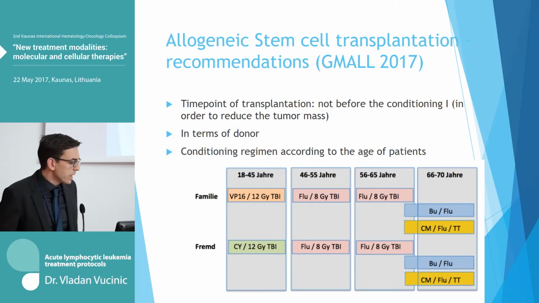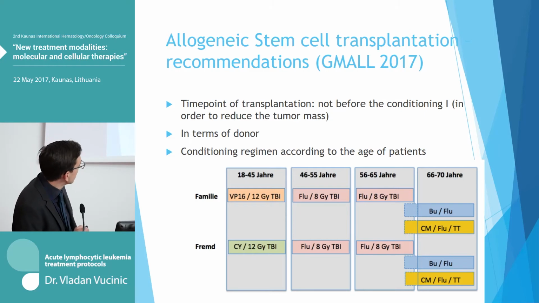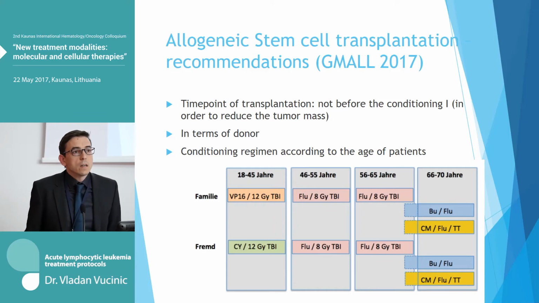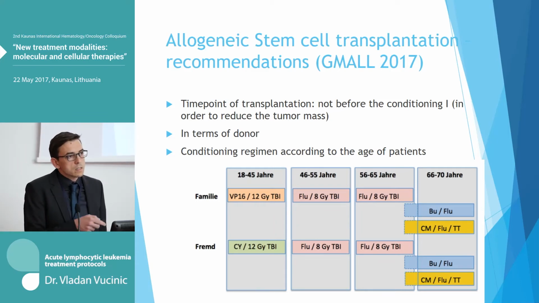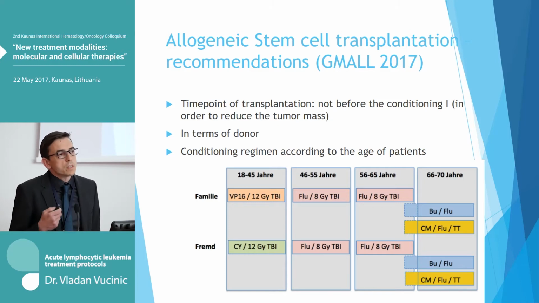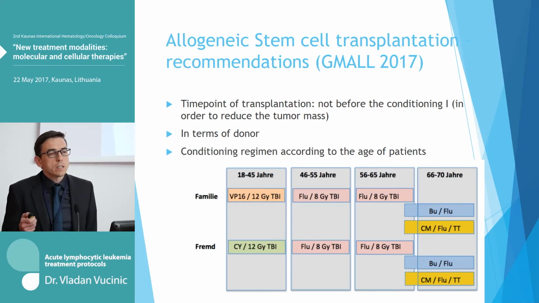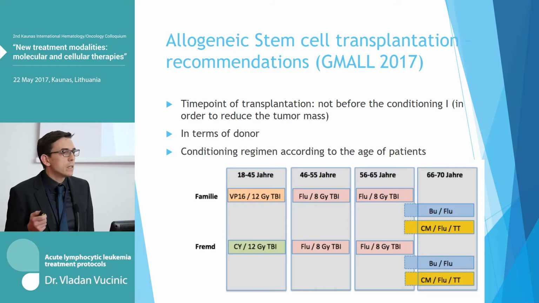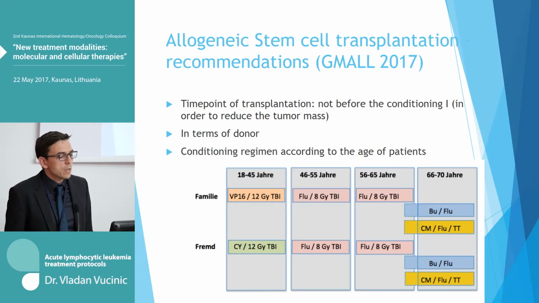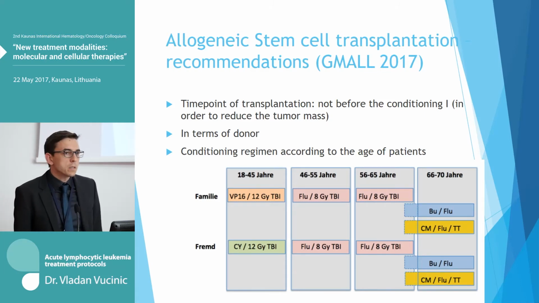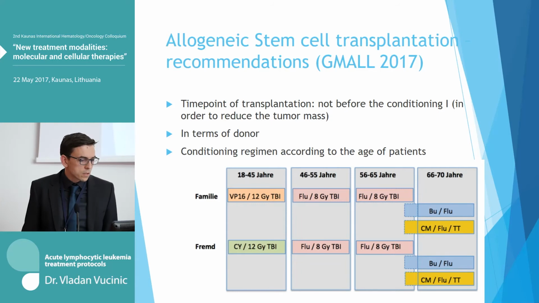For example, the younger patients should be transplanted with etoposide and 12-grade total body radiation, and the older patients should receive a reduced intensity conditioning regimen. This table that I'm showing you was issued in January 2017 after consultation of very many transplant centers. Among them also Professor Niederwieser took active part in the development of the strategy.